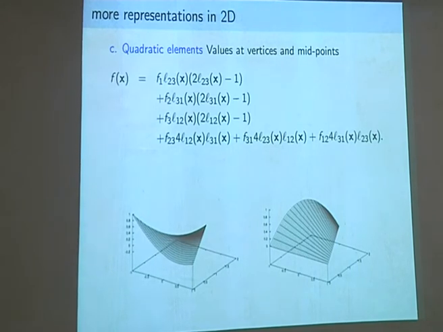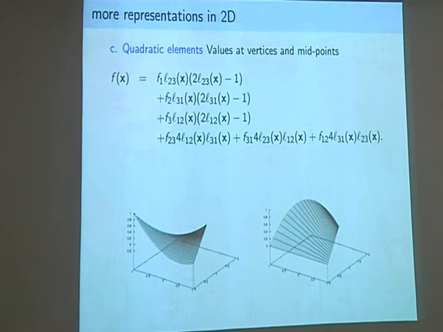So the first 3 terms are quadratics, and they vanish at the 2 vertices that they've got the subscripts at, 2, 3, at 3, 1, and at 1, 2, and they're equal to 1 at the vertex, the index not mentioned.